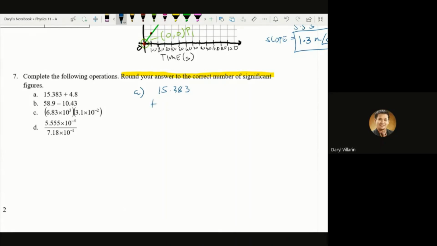So it's much easier if you're going to write this given in vertical form, like 4.8. I think you are being taught in your grade, maybe grade 4, grade 5 math, that if you are adding or subtracting decimal numbers, you have to align them. So align the place value.